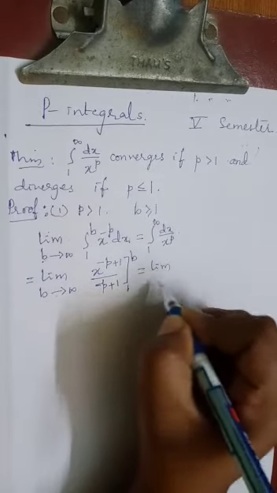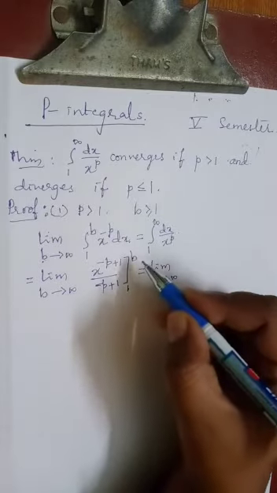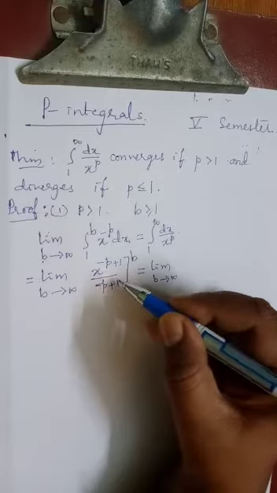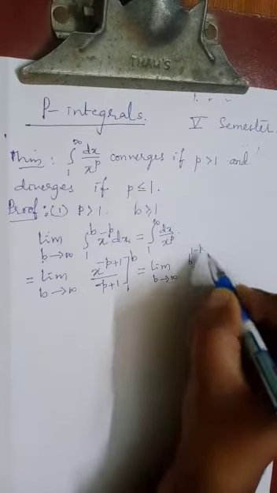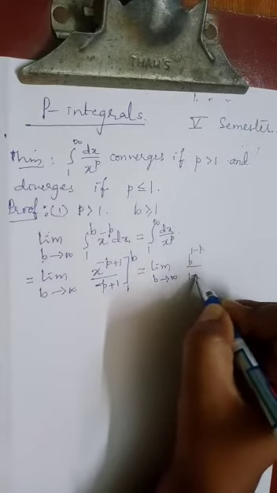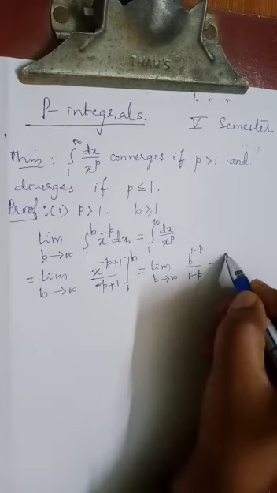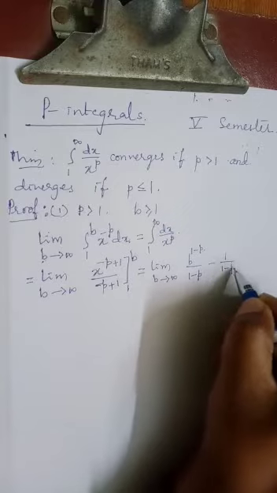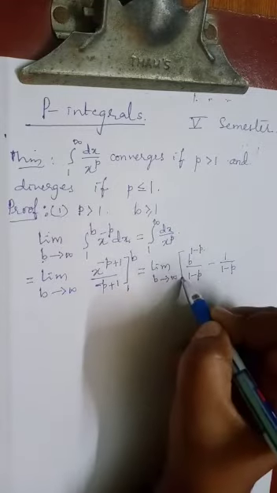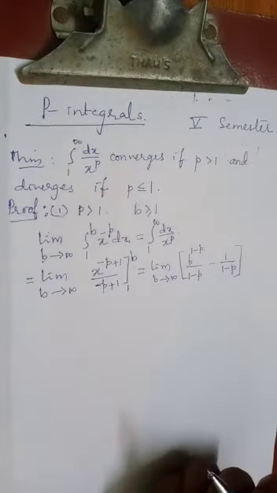So this is the limit as b tends to infinity of, substituting the limits, b raised to 1 minus p divided by 1 minus p, minus 1 by 1 minus p. This is the value after substituting the limits.